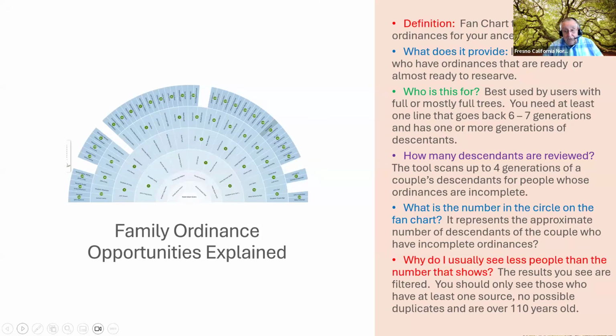According to their official comments, they say the results you see are filtered. You should only see those who have at least one source, no possible duplicates that are known, and are over 110 years old. Now, that's not always true in every case, because I have seen descendancies where people are inside the 110-year rule.